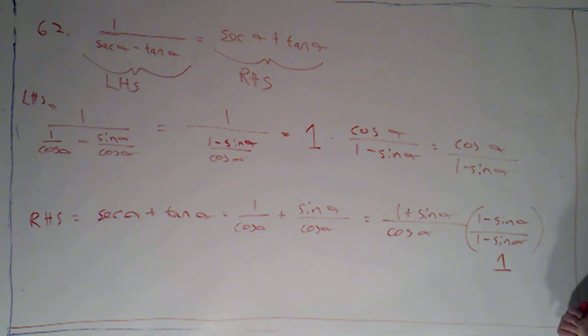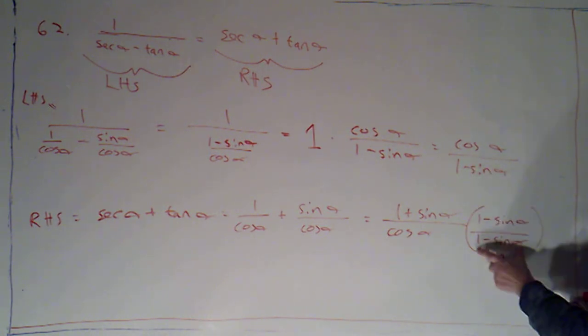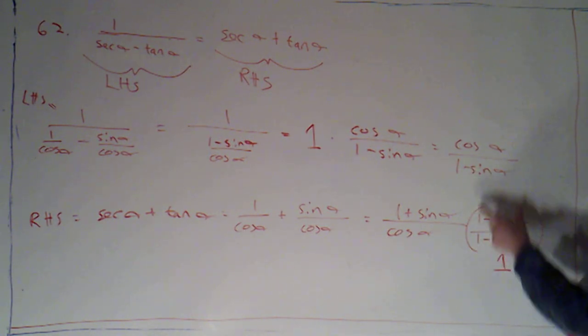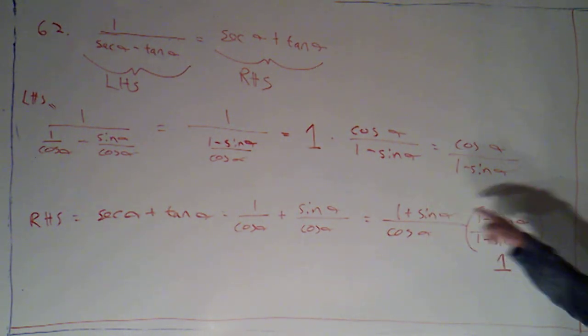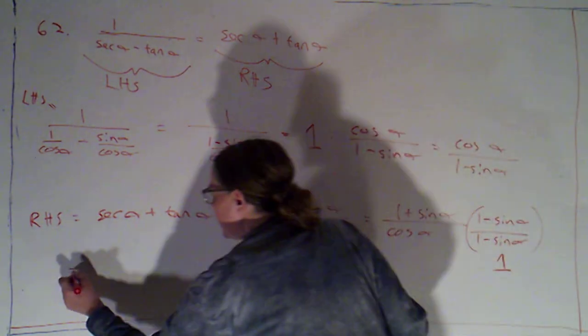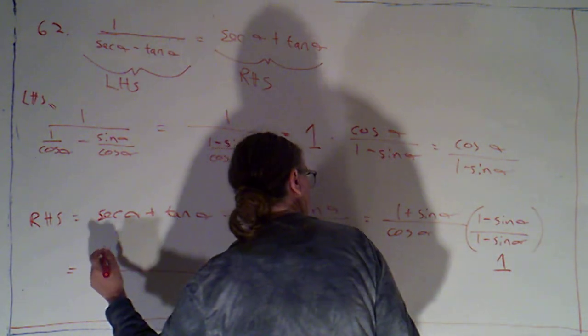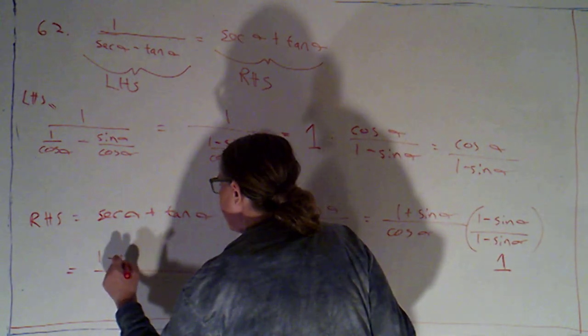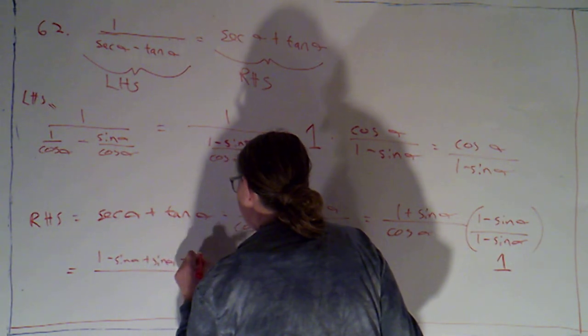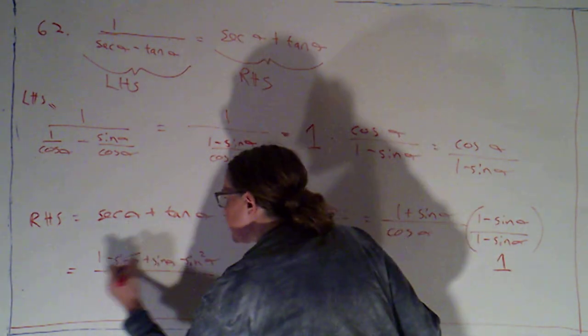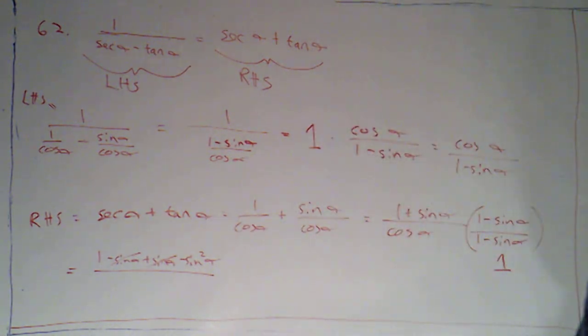That's going to do a couple of things for me. Notice it puts a 1 minus sine alpha in the denominator, which is what I'm trying to get to. But then also when I FOIL out that top, I'm going to get 1 minus sine alpha plus sine alpha minus sine squared alpha. And of course, the outsides and the insides cancel.